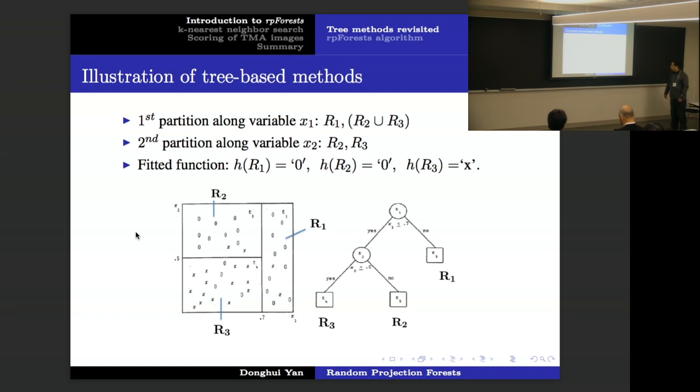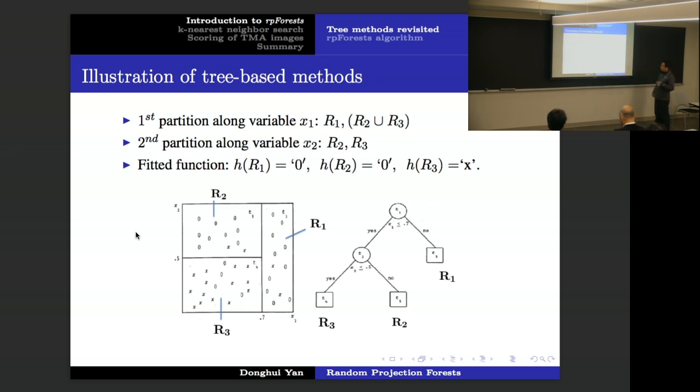Okay, I will show you a simple example of tree-based methods. Suppose we have data points in a unit square, and these points have labels. For example, some points have label 0, and others have label x.